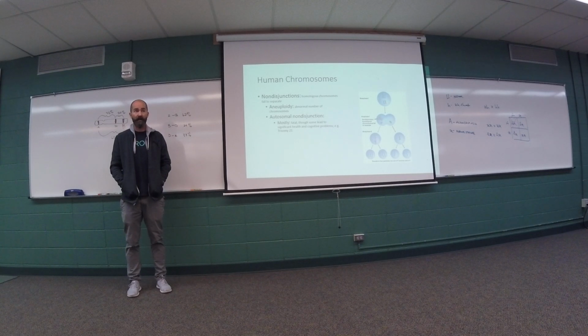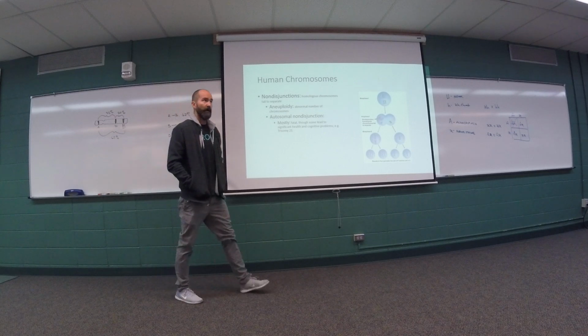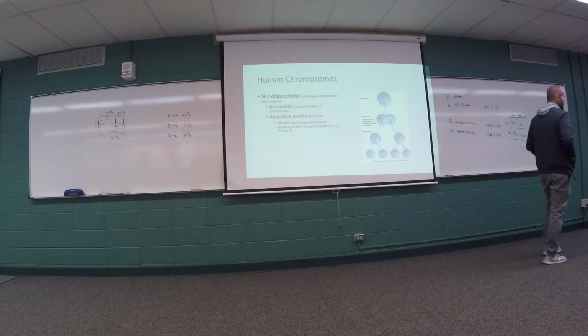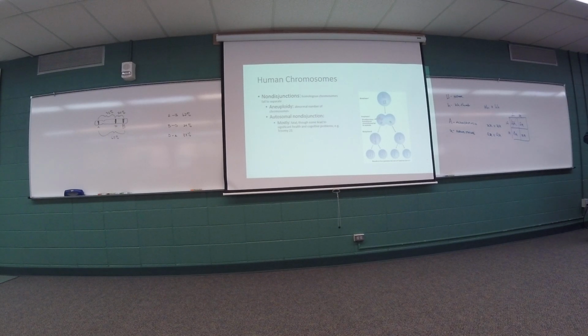Another really common non-disjunction event is the 23rd chromosome. I'm sorry, not 23rd, I keep saying that. That's the sex chromosomes, right? It's actually the 19th. But that almost always causes fetal abortment.